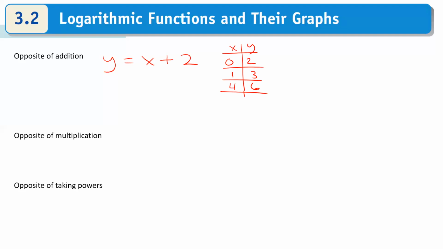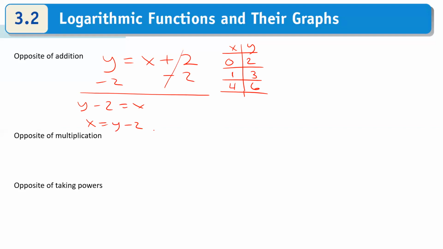If we want to do the opposite, real quick here, ready? If we want to go to the opposite of addition, what we do is we go like this. It kind of looks funny at first. Or we change it around: x is equal to y minus 2. Notice it's the opposite of addition. Notice also that your x's and y's on your table just got switched.